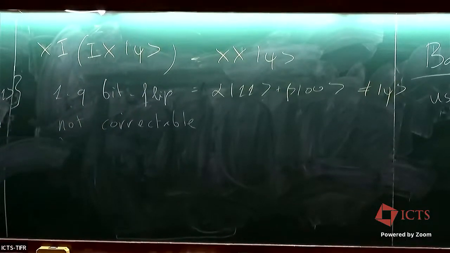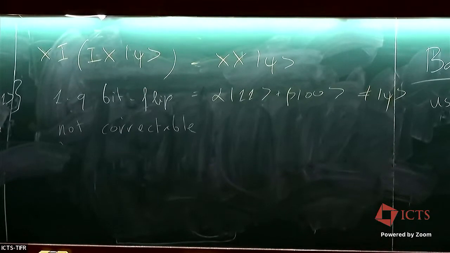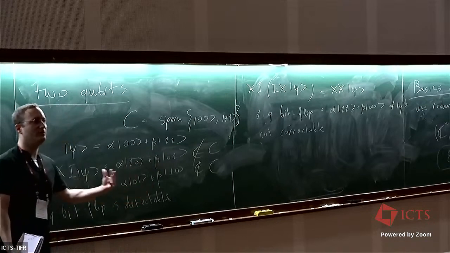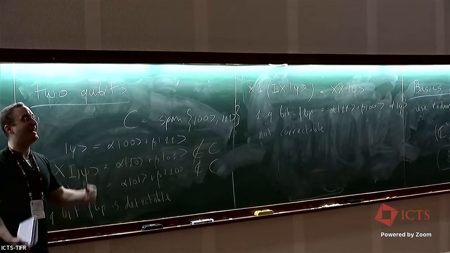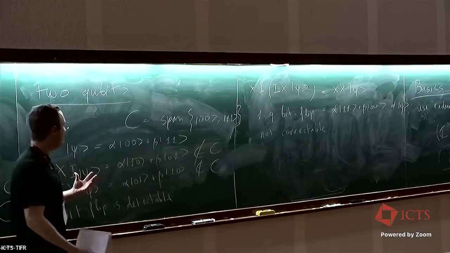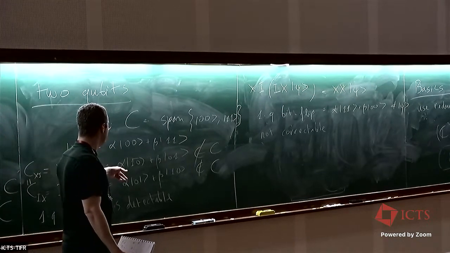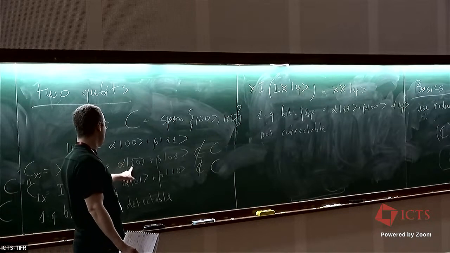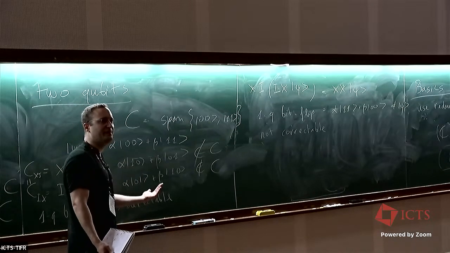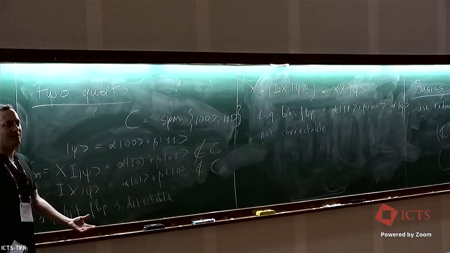So how do you detect that you're not in the code space? What do you do to your qubits? What you cannot do is measure your qubits. This is not allowed. If I now ask the question, what's the state of qubit number 1, I collapse my superposition and my information is gone forever. So what do I have to do?